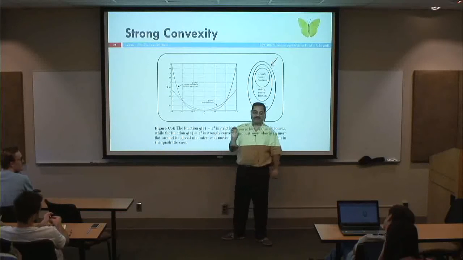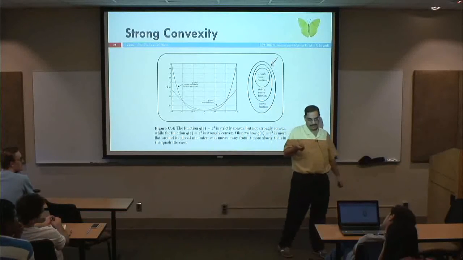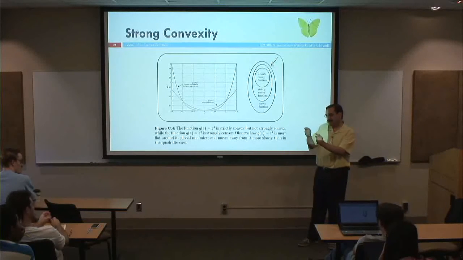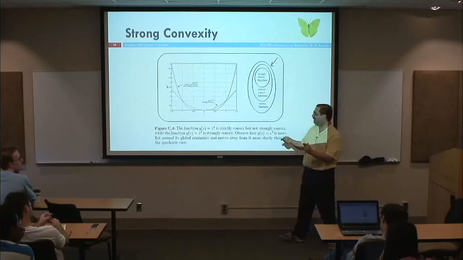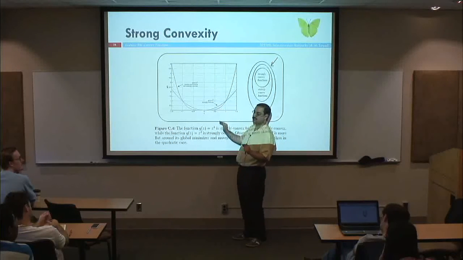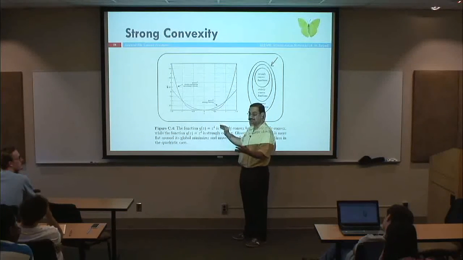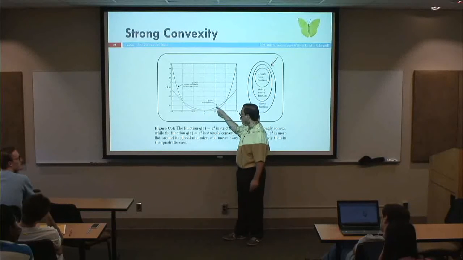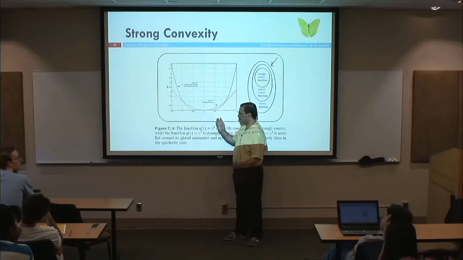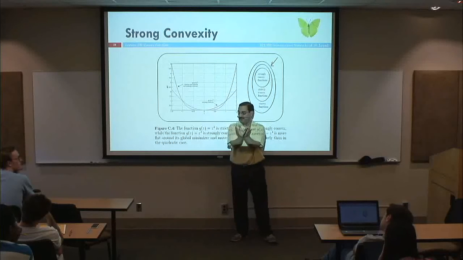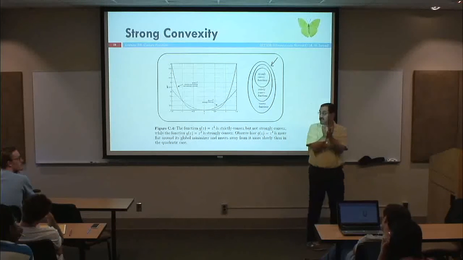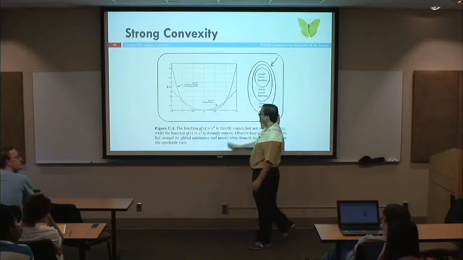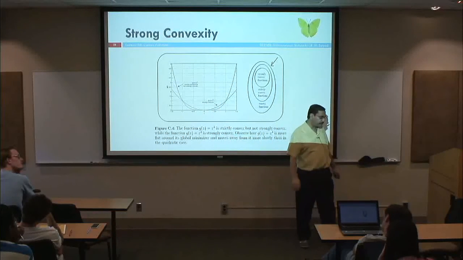So if you are using iterative algorithms to locate the global minimum of a strongly convex function, you will have an easier task than for convex but non-strongly convex functions, because this is more flat, and this has a sharper minimum. Strongly convex functions have this nice property, which is illustrated in this plot.